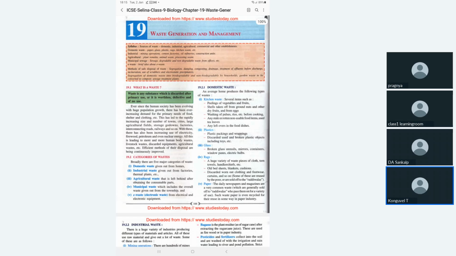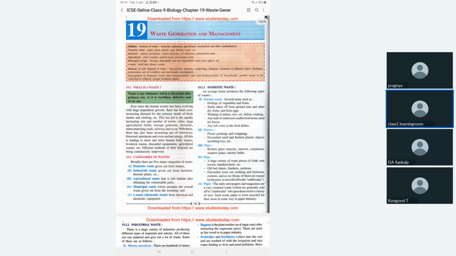Anthropogenic activities means improper practices that cause waste and pollution. Yes, and human activities, all our activities, anthropogenic in the sense of human beings, produce a lot of waste. Okay, fine, good.